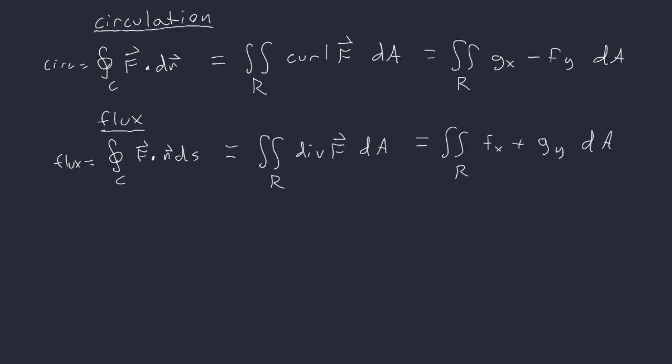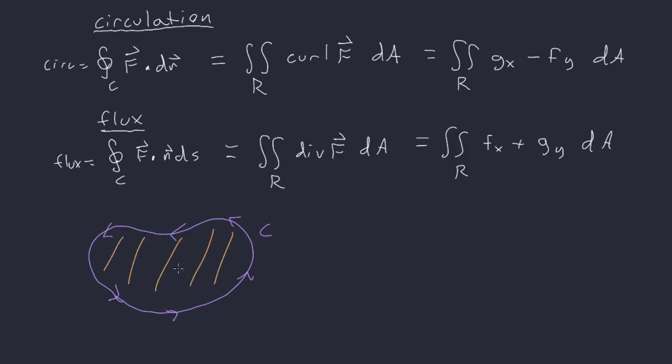Let's take a look at a little picture to show what we're talking about. If we have a vector field and we're looking at a curve C and a region R enclosed by it, what Green's theorem is saying is that the circulation over this line integral is going to be the same thing as calculating the double integral of the curl.